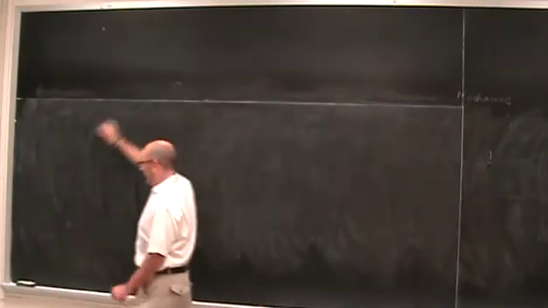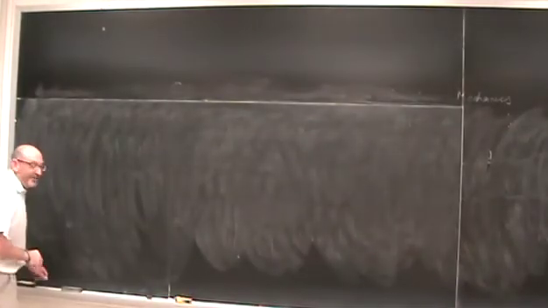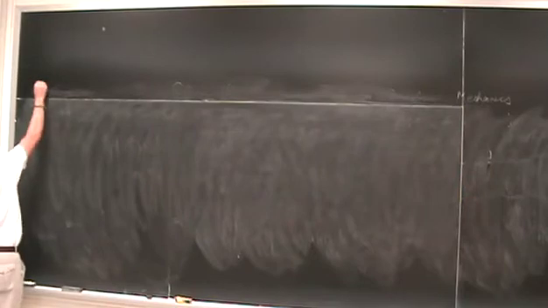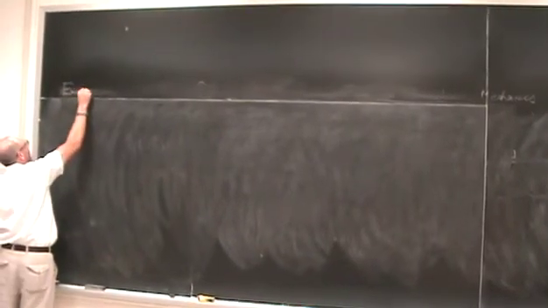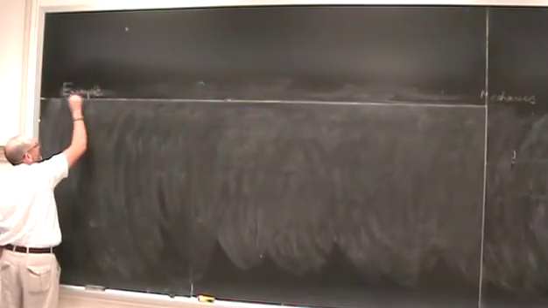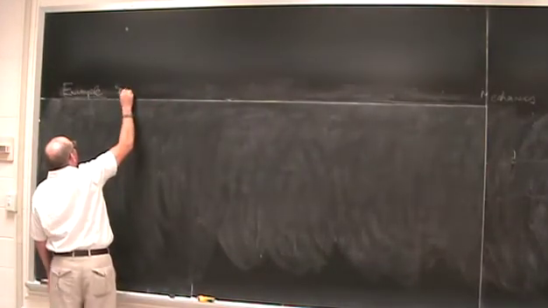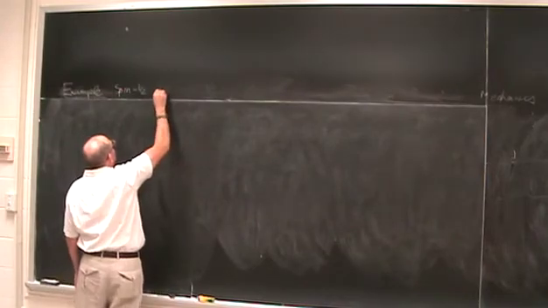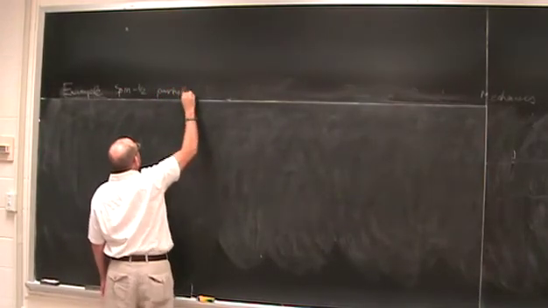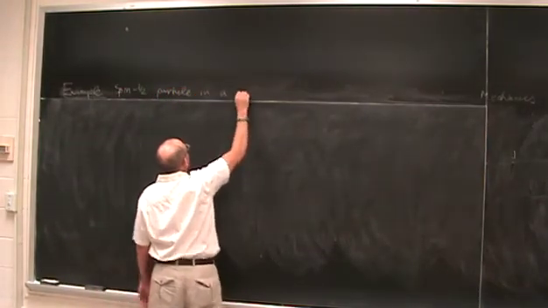The only thing we've ever talked about this semester, a spin. I promise we'll talk about something else soon. So let's talk about a spin-1/2 particle in a magnetic field.